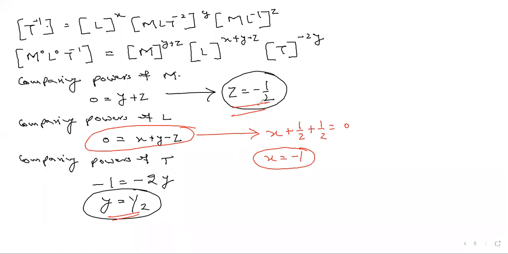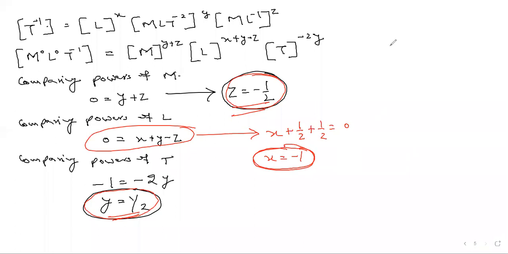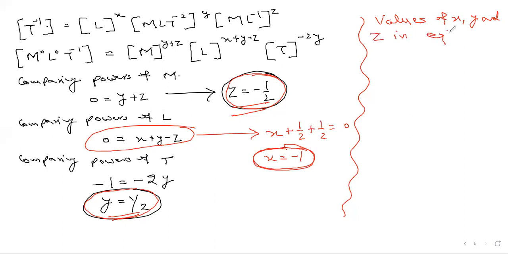Is this clear? Now you can substitute the value of x, y, and z in equation number 1. Where is equation number 1? This is equation number 1. Values of x, y, z in equation 1.